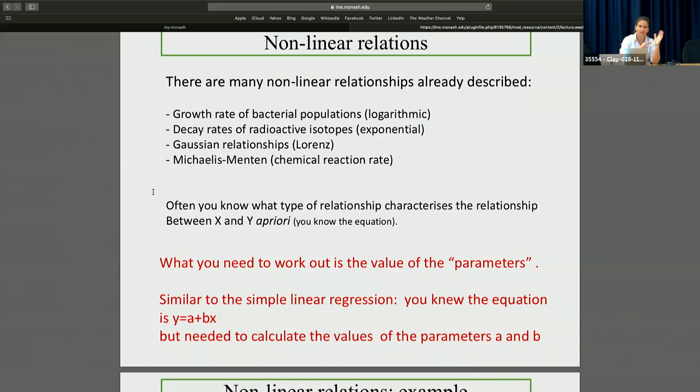So I have x and y, the things I've measured, but to get what the line is, I need to calculate the values of the parameters a and b, and we did that by making the line go through the means and reducing the sums of squares, and we extracted the slope and the intercept of the relationship. And the same thing exactly happens with parameters for these nonlinear relationships. So I'll give you some examples.